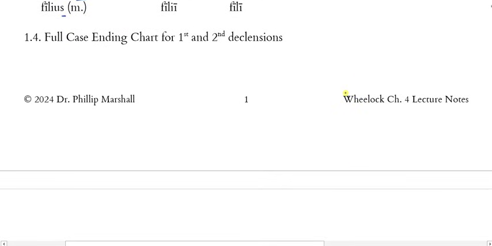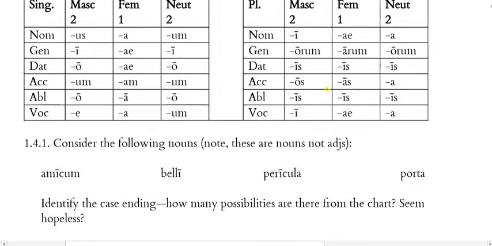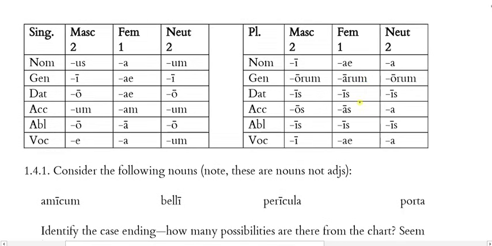We now can give you a full case ending chart for first and second declension nouns. And I've got that here. I just want you to see that for the masculine, feminine, and neuter forms in the singular chart, I've put the numbers 2, 1, 2.